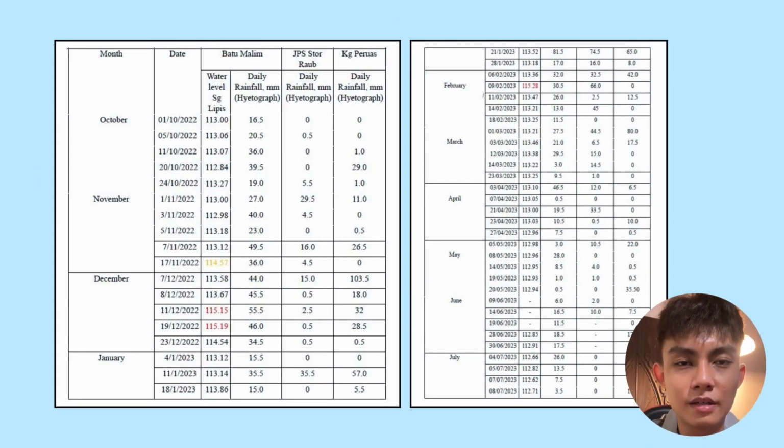For this slide, we also can see clearly in August and September the water level for Sungai Lipis at Batu Malim and the rainfall data at the three stations. We selected the 5 highest rainfall data and water level in August and September 2023. So that's all for the data presentation.